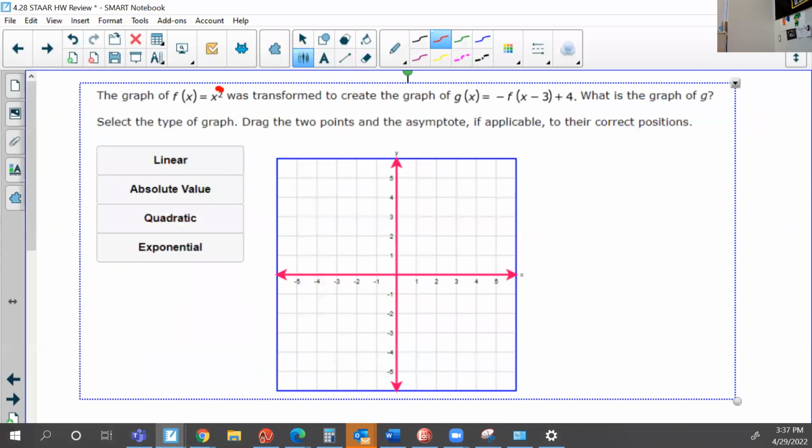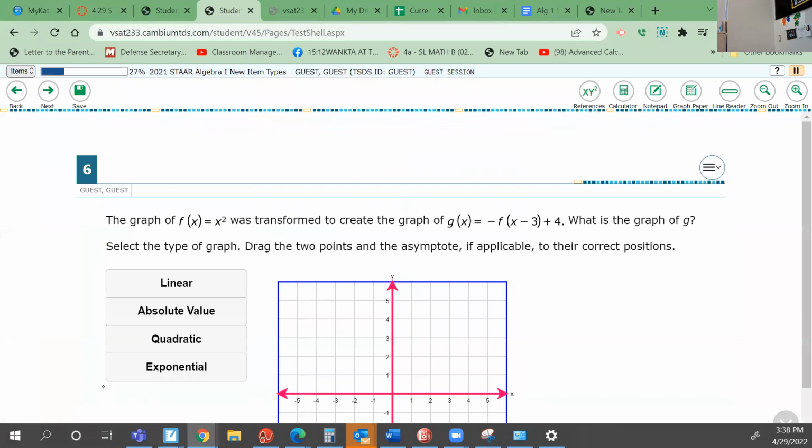Once you see x squared in your graph, that tells you it is quadratic. I'm sorry, not exponential. It's quadratic.